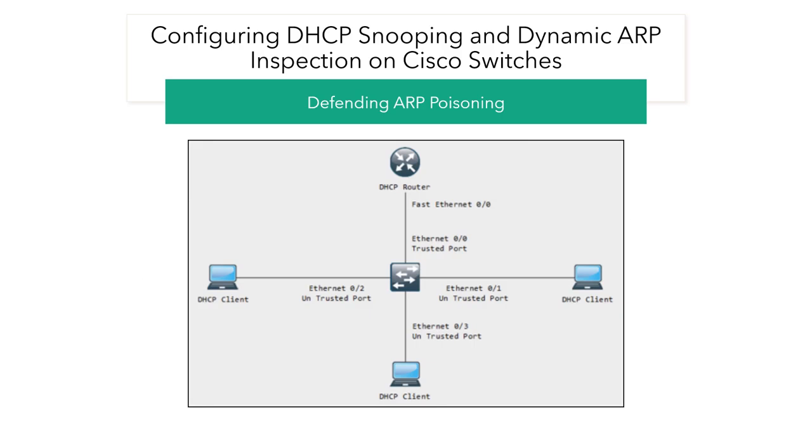Configuring DHCP snooping and dynamic ARP inspection on Cisco switches. DAI is used with DHCP snooping. IP to MAC bindings can be tracked back to the DHCP transactions to protect against ARP poisoning. DHCP snooping is required to build those MAC to IP bindings for DAI validation.